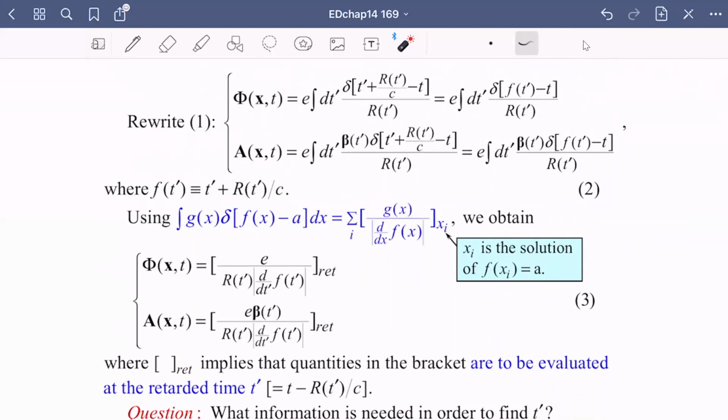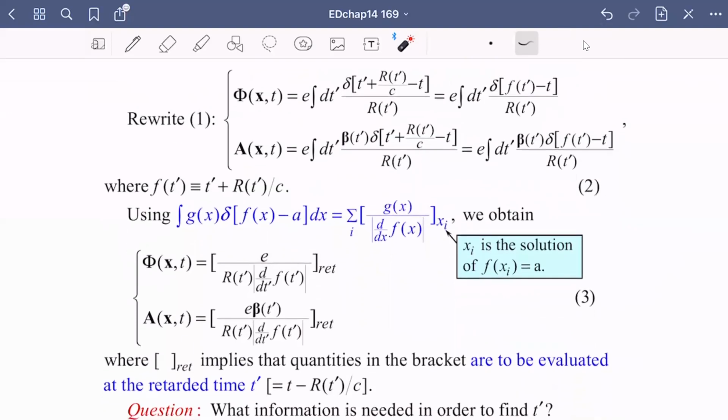This equation tells us that up to this point, it is easy. Let's rewrite this equation: we define t prime plus R over c as a function f of t prime.